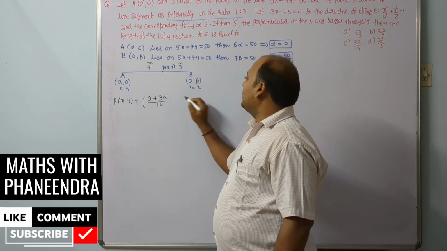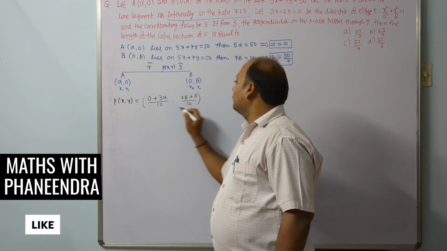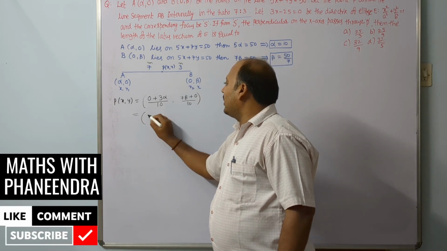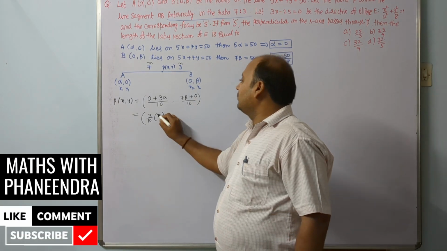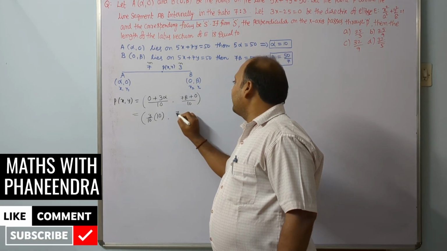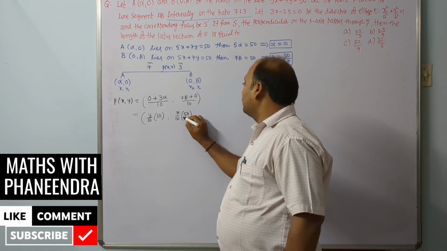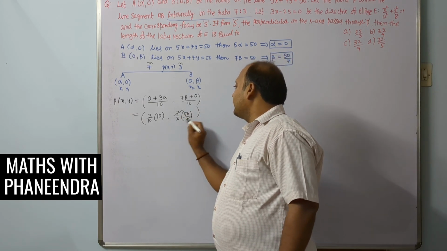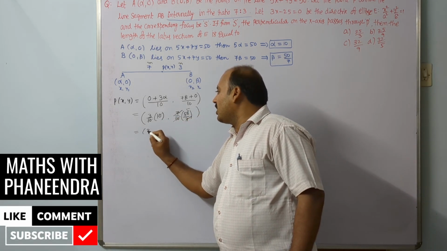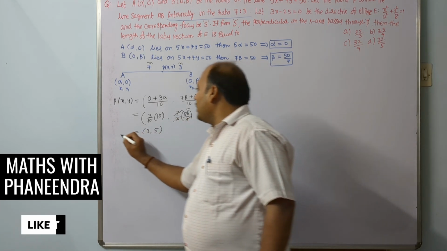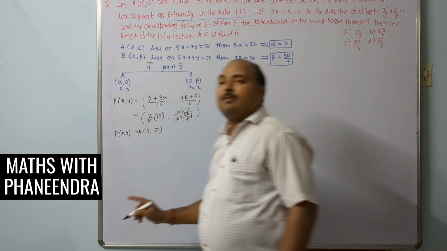Next, (7 into beta plus 0) divided by 10, which is equal to 3 by 10 into the alpha value, next 7 by 10 into the beta value 50 by 7. So here 7 and 7 cancel, 10 ones, 10 fives, 10 and 10 cancel, so 3 comma 5. So the point P(x, y) is equal to P(3, 5).